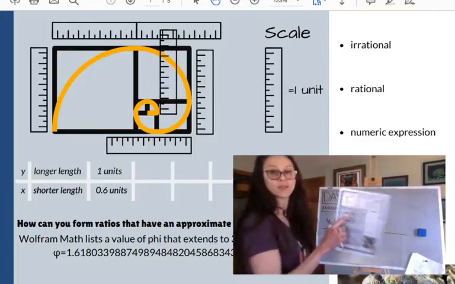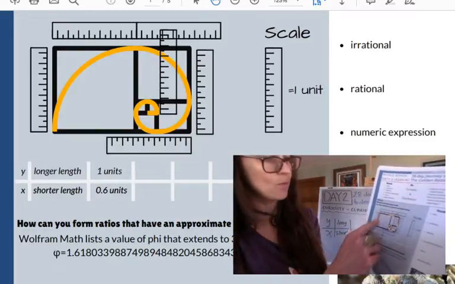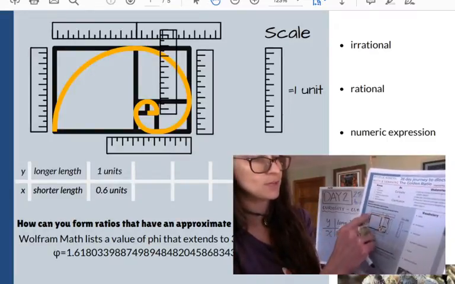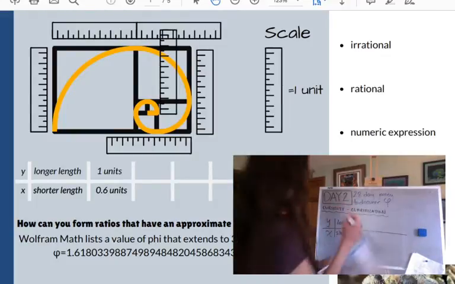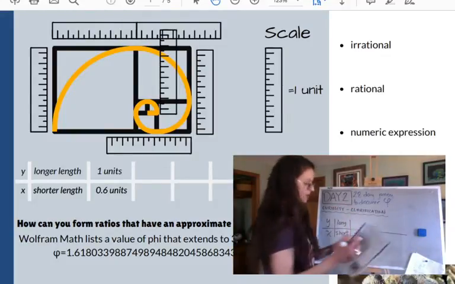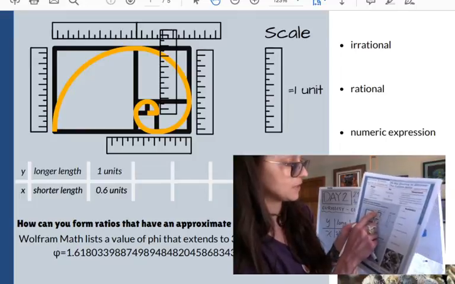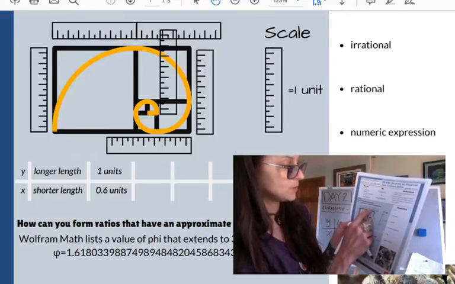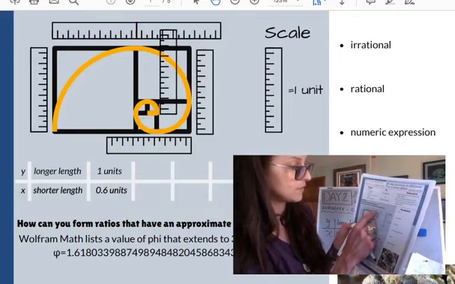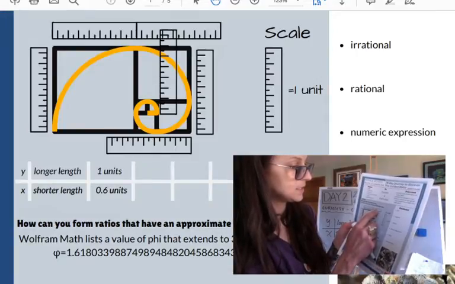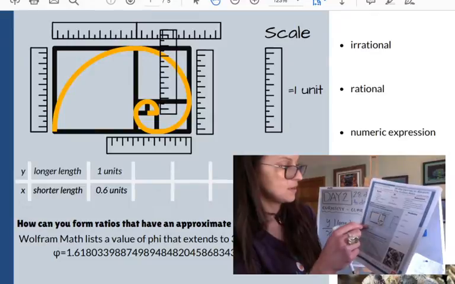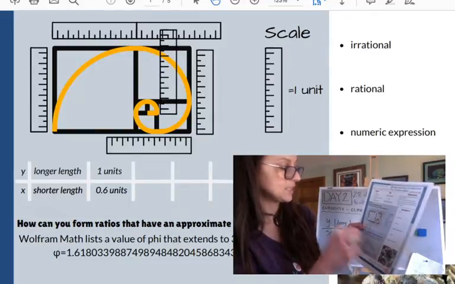So if I'm going from the width to the length of the rectangle, considering those to be consecutive lengths, then the shorter side is 1, and the longer side, if I count, is 1, 2, 3, 4, 5, 6, 7, 8, 9, 10. So it looks like 10/16.